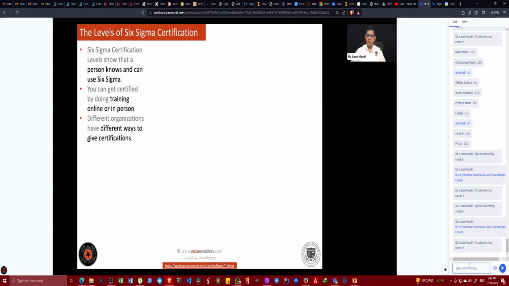Different organizations adopt different ways to give certification, and it is always best to align to some international body of knowledge. What I'm going to share when you stay till the end is this body of knowledge study guide. I will also share the presentations I've made with this study guide as reference. I've covered each and every page on this study guide in the form of a presentation.